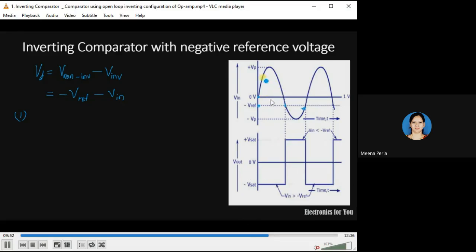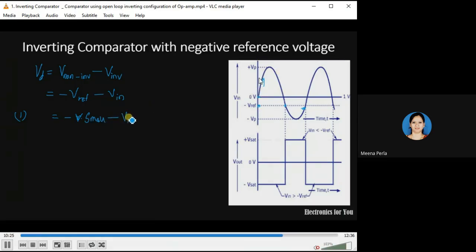So we can see during this intersection point, to draw the waveform, we need to see the first portion. V in is positive and V reference is negative. So VD in the first case will have V reference, that is the smaller value, minus the higher value.